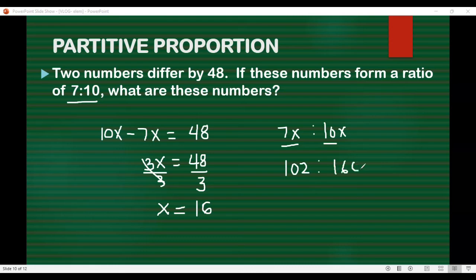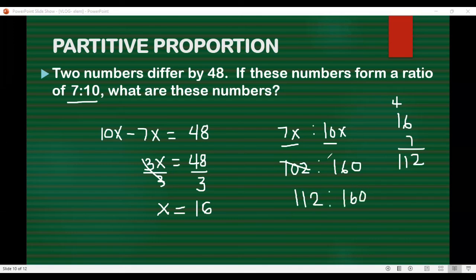There must be a problem here. Because if I multiply 16 times 7, that is supposed to be 112. Okay, that is supposed to be 112 is to 160.